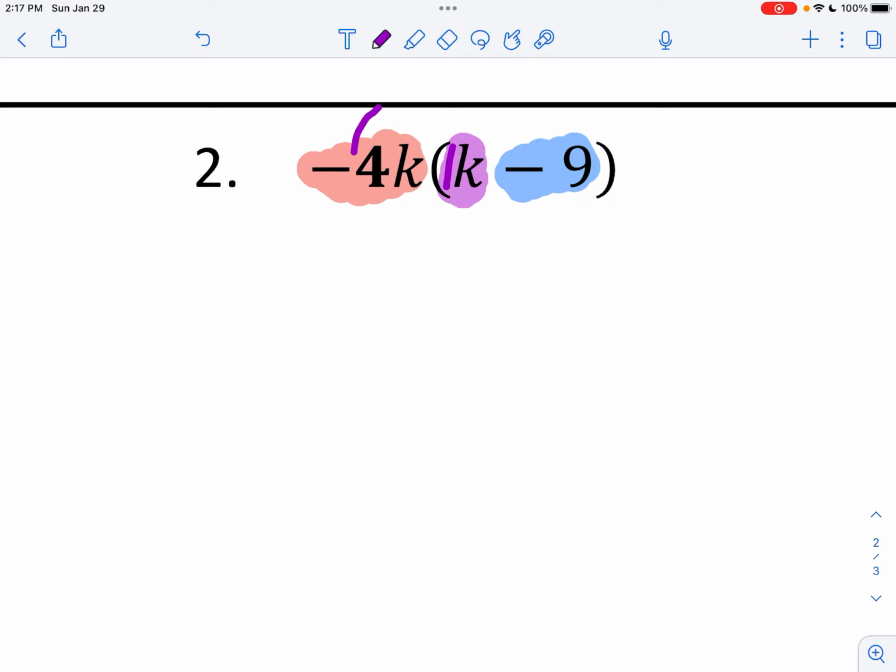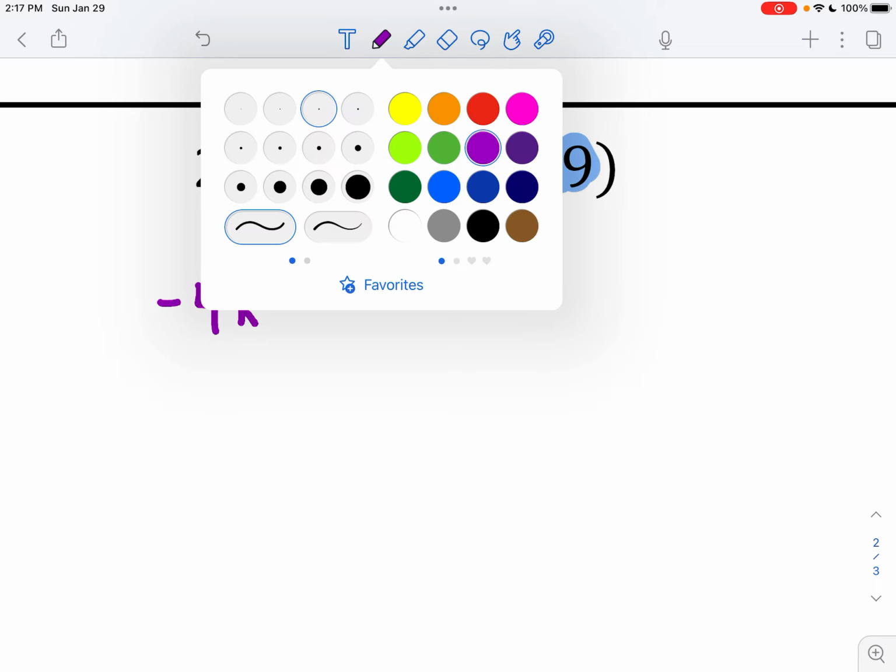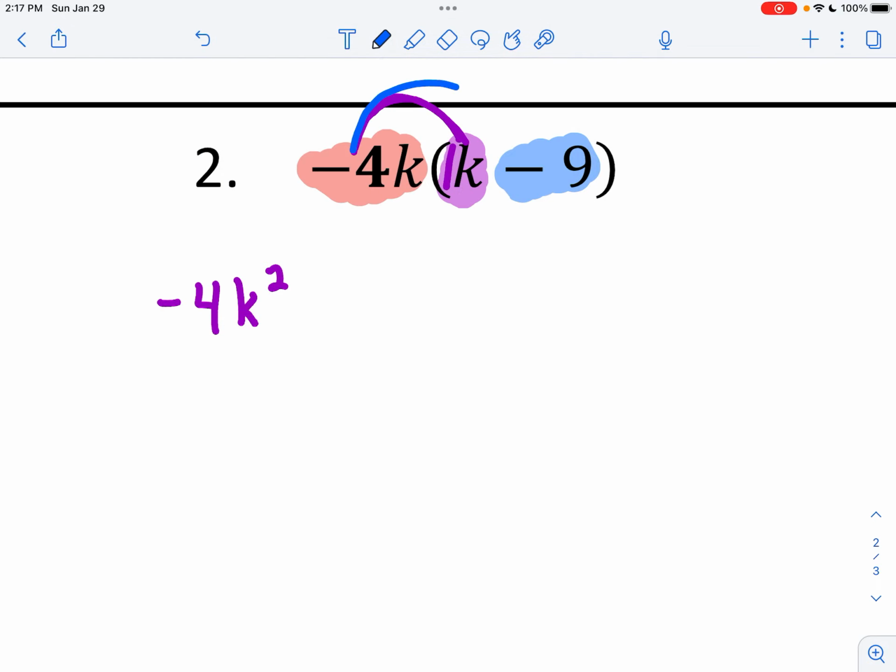So a -4 times a 1 makes a -4, and the k times the k makes k squared. That's my first arc. The -4 times the -9 makes a positive 36, and then there was a k and no k on that one, so just k. Those are not like terms, so I'm all done.